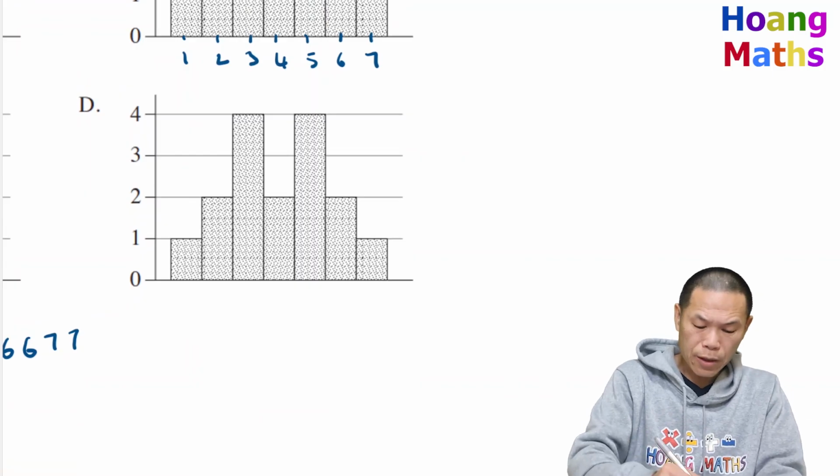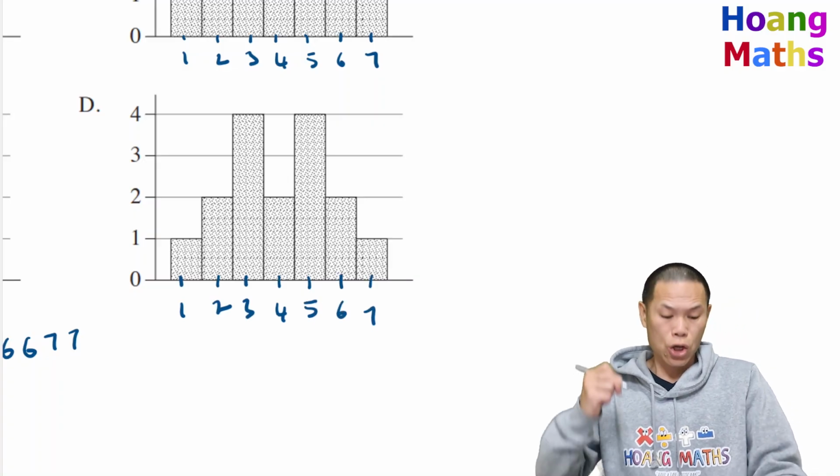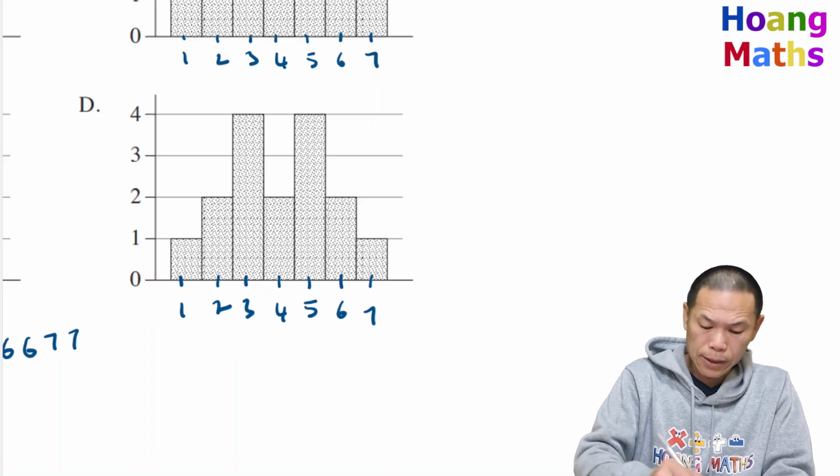So 1, 2, 3, 4, 5, 6, 7. Now we know that 1 has a frequency of 1.